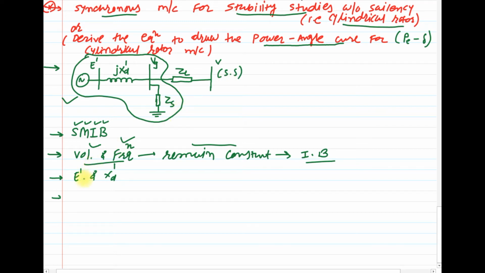Clear? Next, in figure 1, which shows the SMIB system, three nodes appear: the node due to the voltage E dash, VG the generator terminal voltage, and V which is the substation voltage. For system analysis purposes, we require only two nodes.